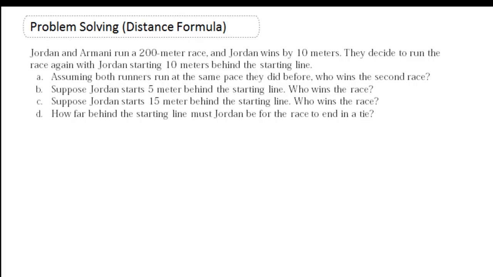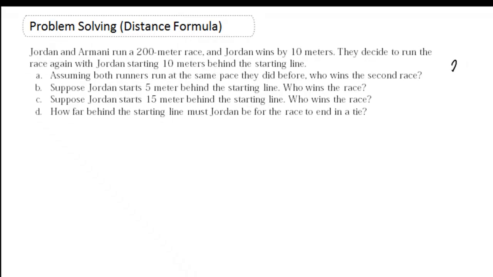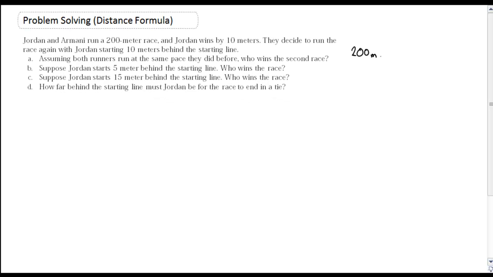So before we get into this, let me point something out here. They run a 200-meter race and Jordan wins. So that means Jordan ran 200 meters. And I'm going to go M capital J. So 200 meters for Jordan.